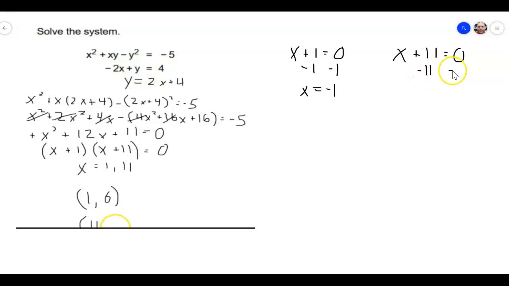Subtract 11. I didn't even realize I had done that earlier. So it's always the opposite sign to what you have here. So good catch there, James.